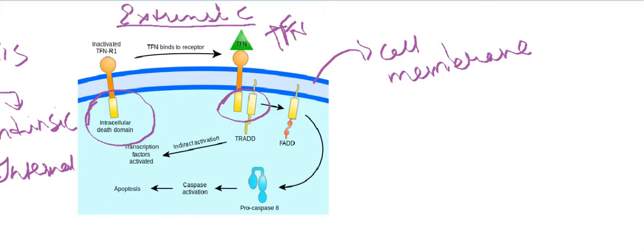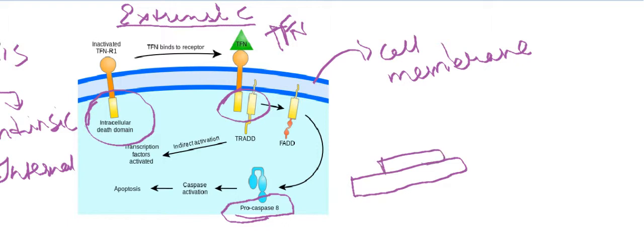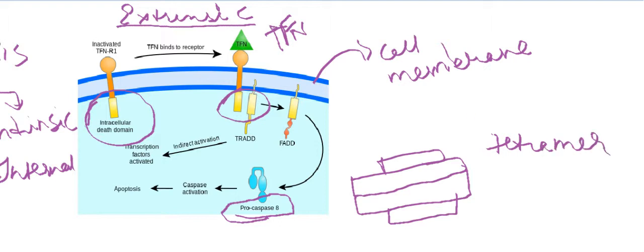So, interaction of these two proteins will recruit procaspases. Procaspase is the caspase in its inactive form. This is cleaved into an active tetramer.